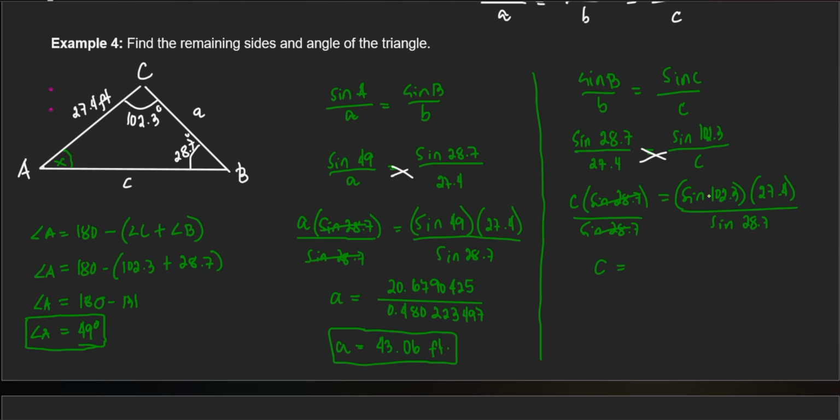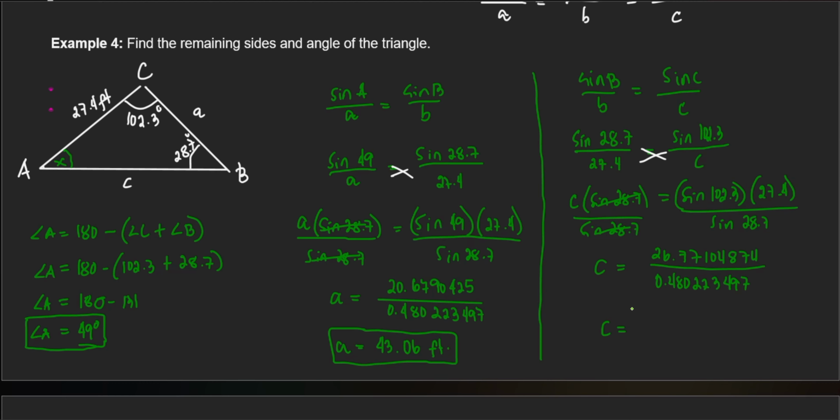For example, para makita, we have sine 102.3 then multiply by 27.4. So yung result natin is we have 26.77104874. Tapos, yung sa denominator natin is same pa din, 0.480223497.